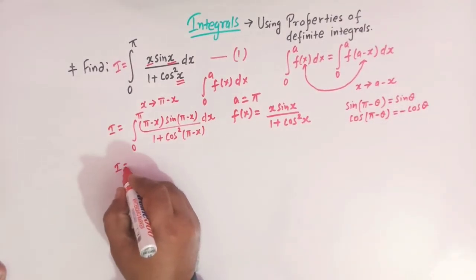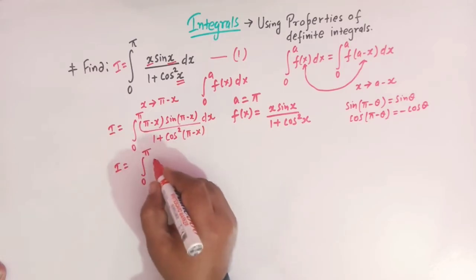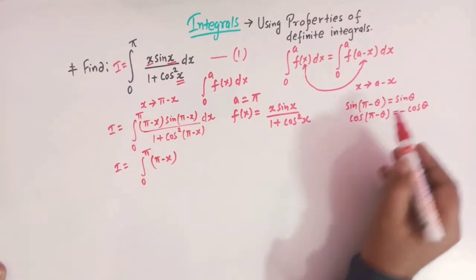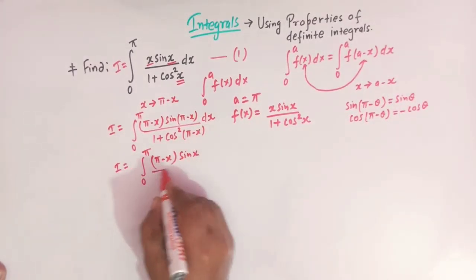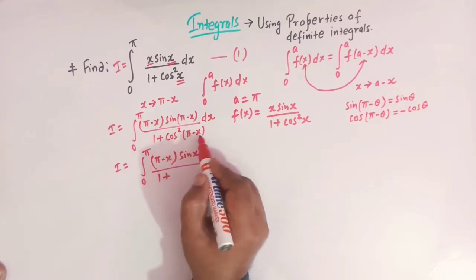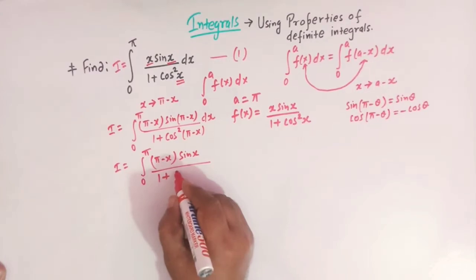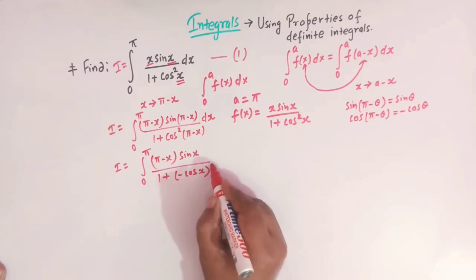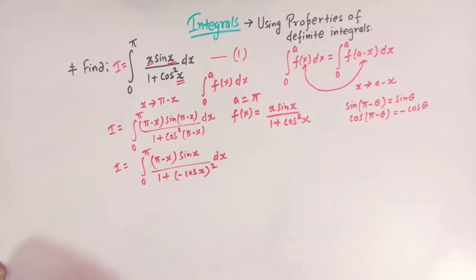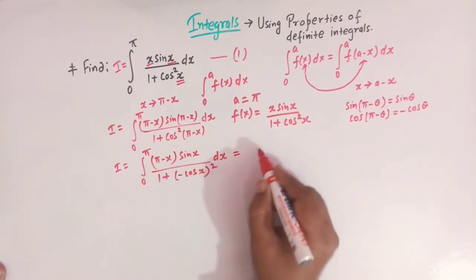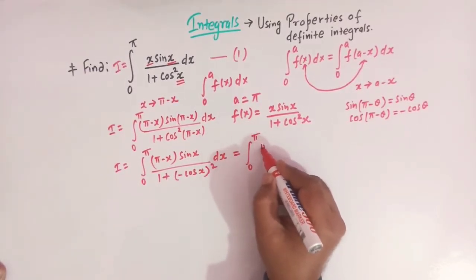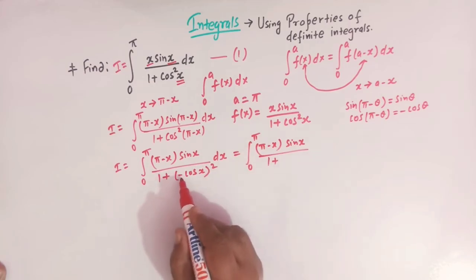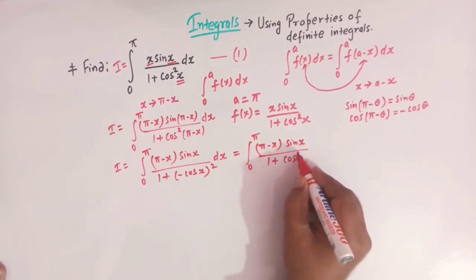So here I is equal to the integral from 0 to pi of pi minus x, then sine of pi minus x is sine x, and then 1 plus cos of pi minus x is minus cos x, and here we have the square, and dx. So we can write this integral as pi minus x times sine x over 1 plus cos square x.